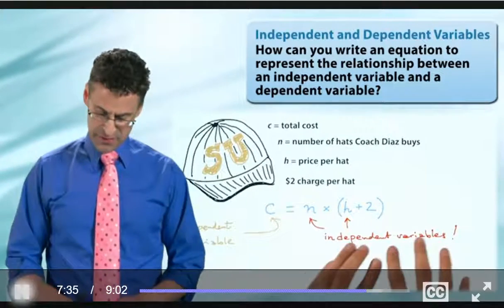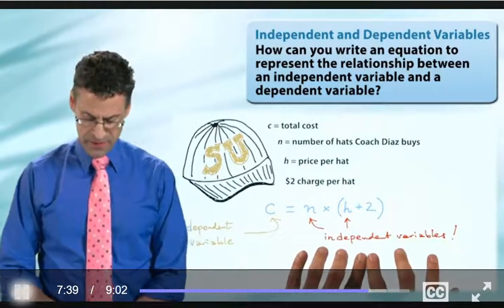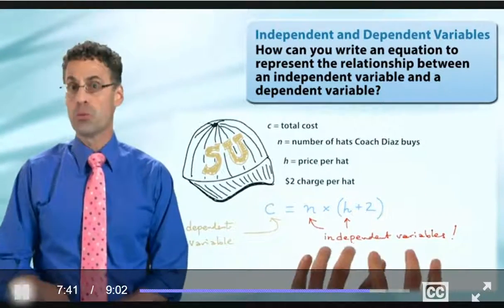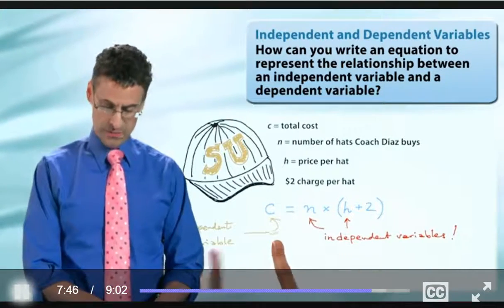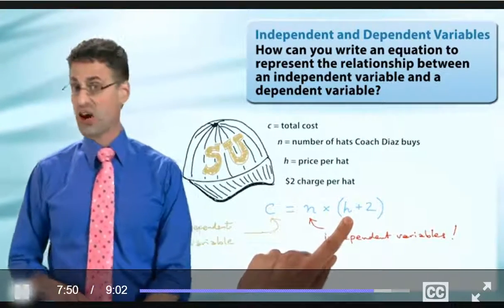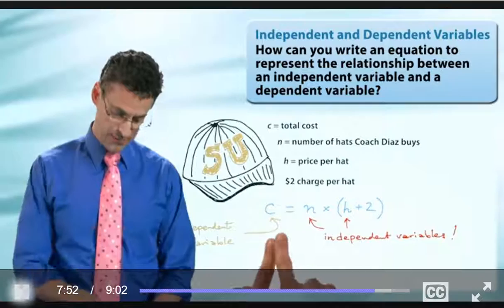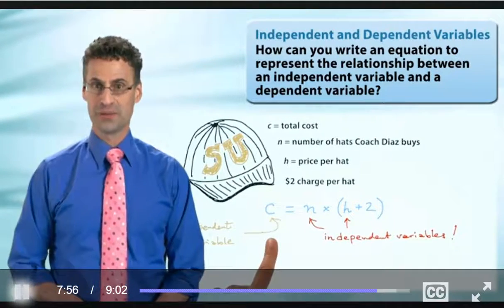So that is the difference between independent variables and dependent variables. The independent variables can really be anything, but once I know them, they will determine the dependent variables. Once I know the number of hats you want to order, and once I know how much each hat costs, I can determine the cost. And so therefore the cost is a dependent variable.